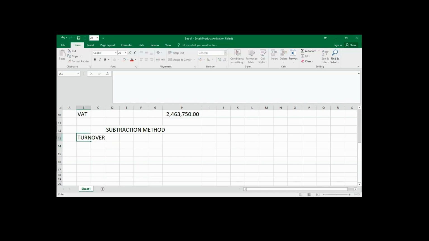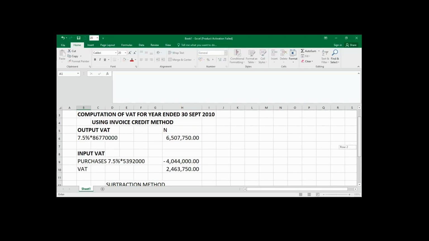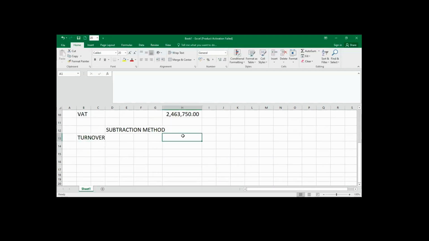So under the subtraction method, we have the turnover. We already know the amount of this turnover, which is 86,770,123. Then we less purchases.